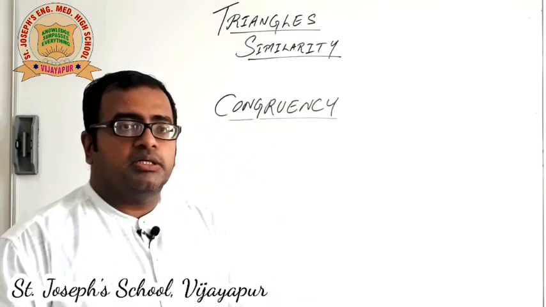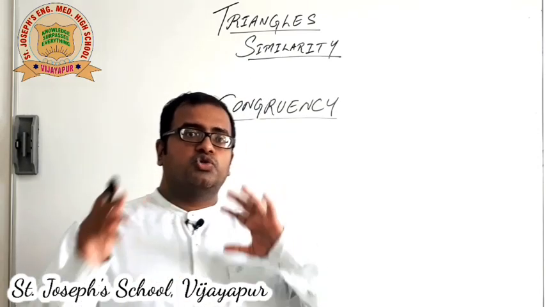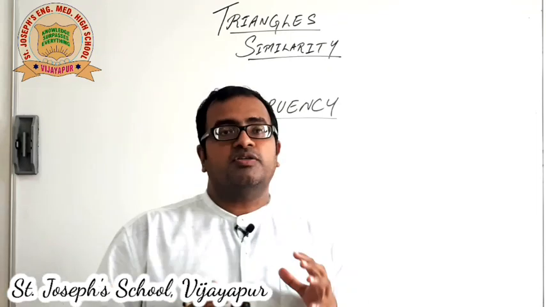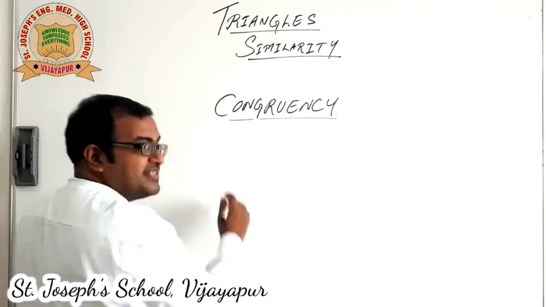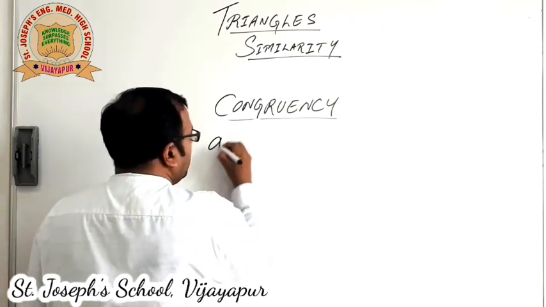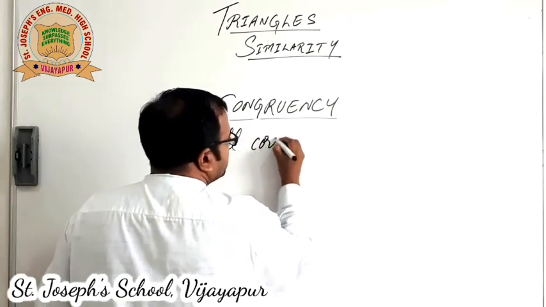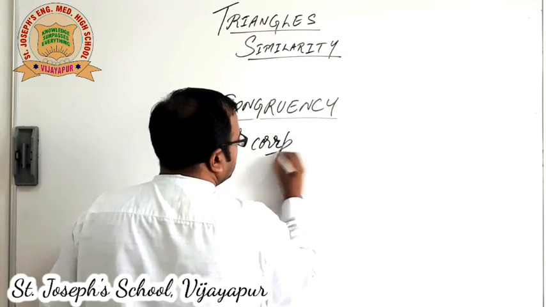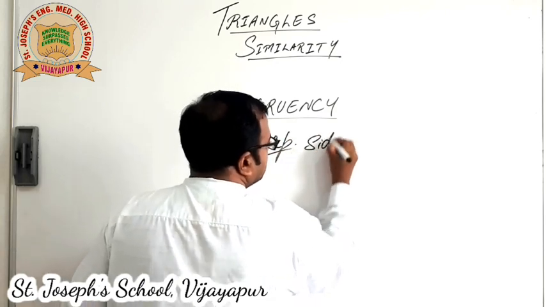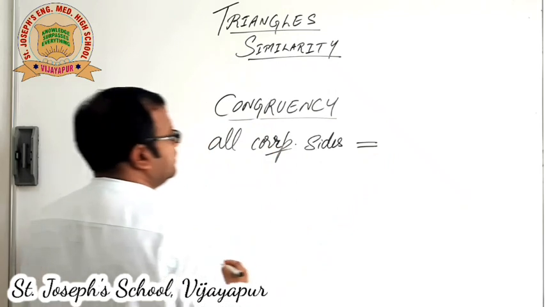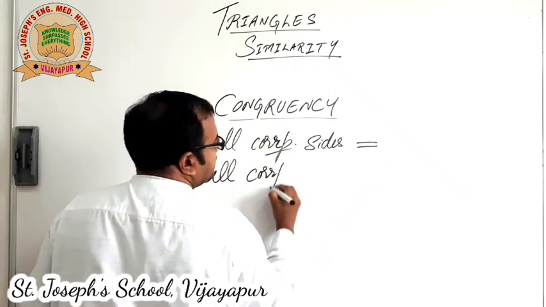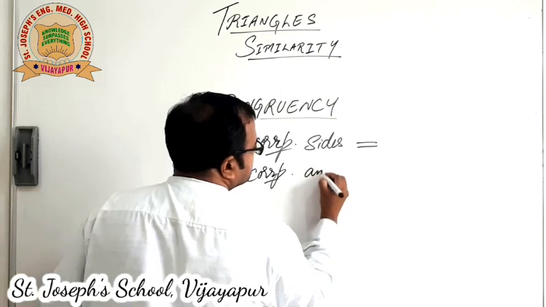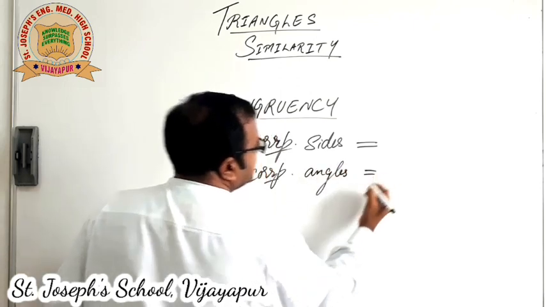So, talking about polygons once more. Two different polygons: if you have to say they are congruent, the necessary conditions are that all corresponding sides are equal and all corresponding angles are equal.